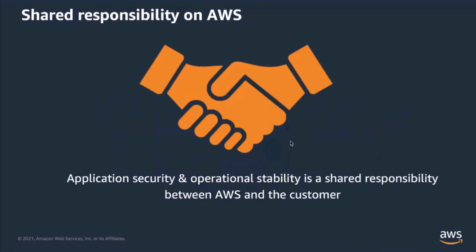And if you've run applications on AWS, you might be familiar with the shared responsibility model on AWS. And the essence of the shared responsibility model is that the security and general operational stability of your applications on AWS is a shared joint responsibility between us, AWS, and you, the customer.